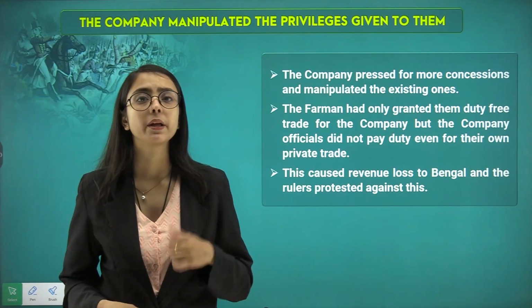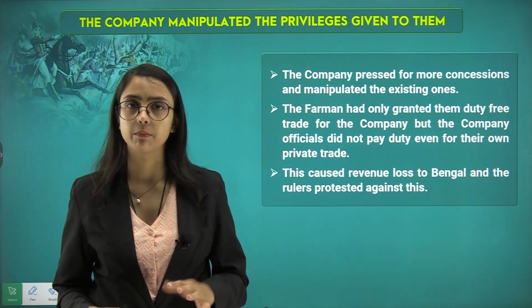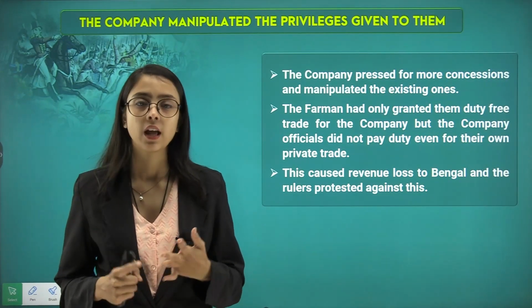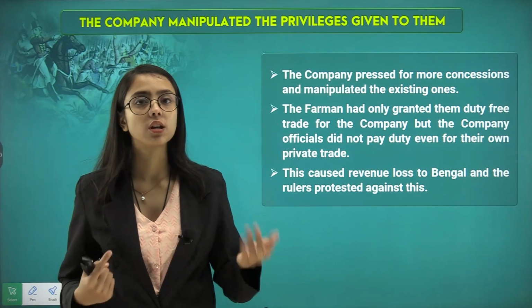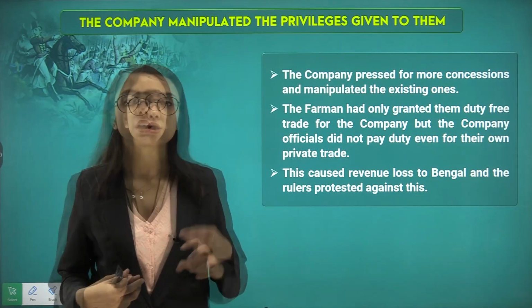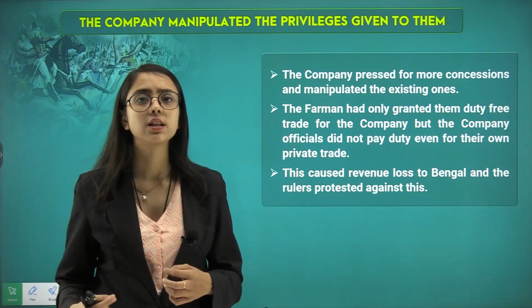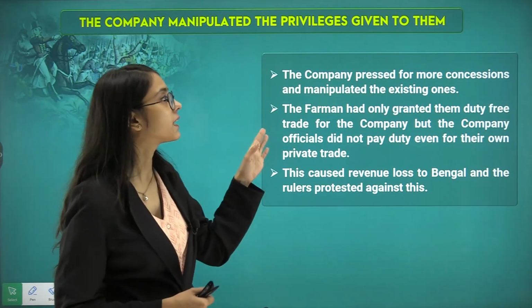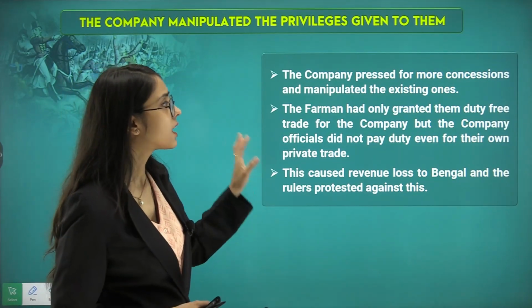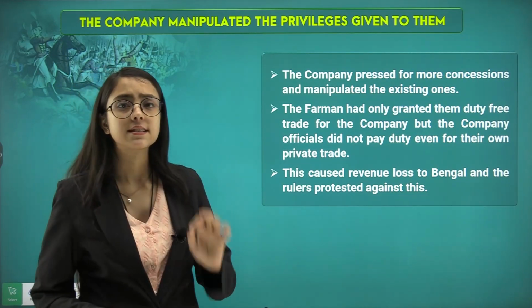The company manipulated the privileges given to them. They had the order from the queen. Then they also got the order from the Mughal emperor to trade freely. So they manipulated the situations in their favor. The company pressed for more concessions and manipulated the existing ones.